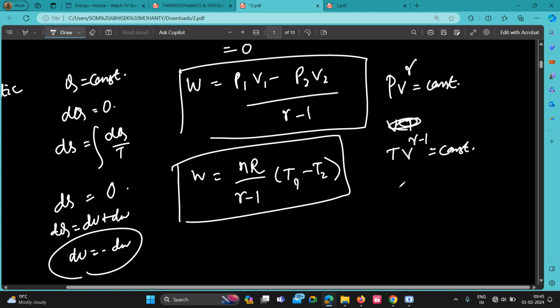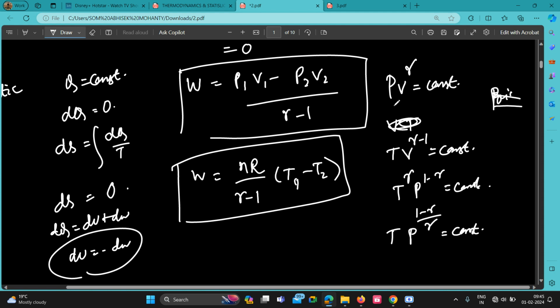Or T to the power gamma P to the power 1 minus gamma is equal to constant. Or we can also write this as T P to the power (1 minus gamma) by gamma is equal to constant. And this is called Poisson's law. It's not required, I mean, leave it. TV to the power gamma minus 1 is constant. T to the power gamma P to the power 1 minus gamma is constant.